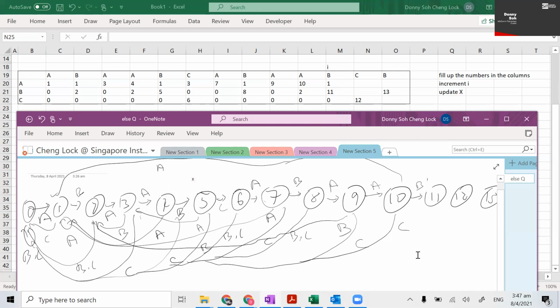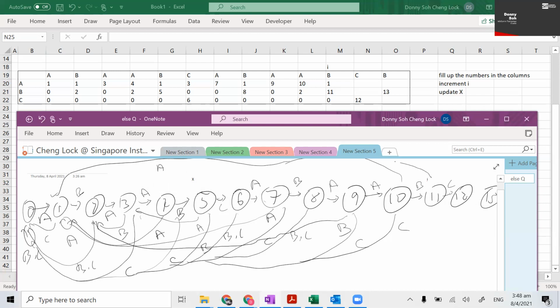Okay. Next, 11 to 12. This is a C. For state X at state 5, if it is an A, it will go to 3.